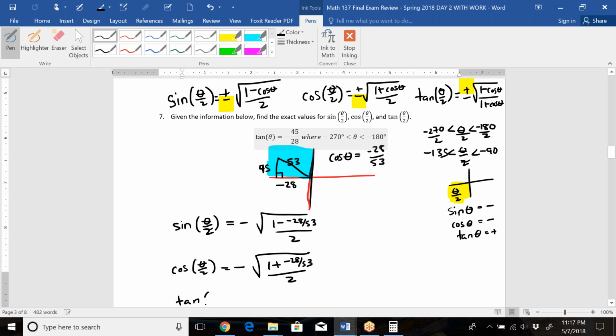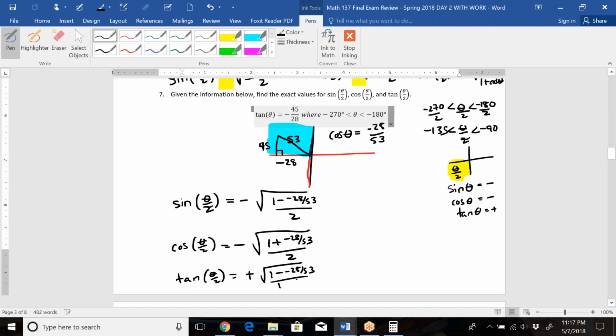And tangent of theta over 2 is going to be positive square root of 1 minus negative 28 over 53 over 1 plus negative, and this is all underneath the square root, 28 over 53. I recommend multiplying everything on top and bottom by 53s to clear out those fractions.